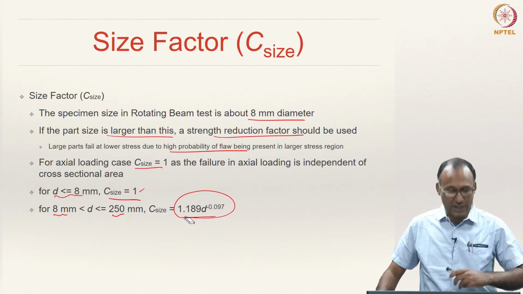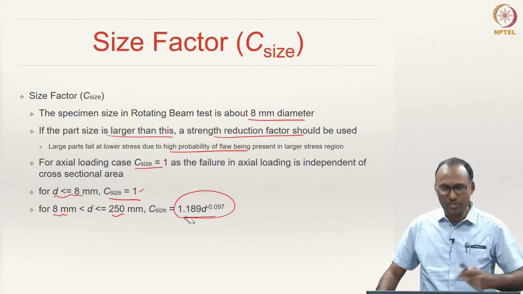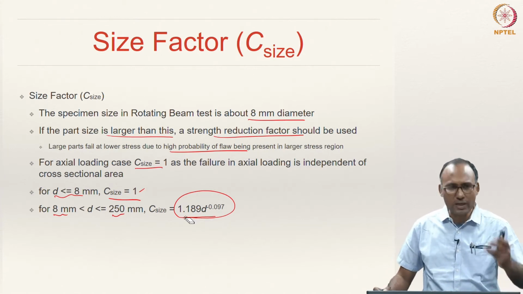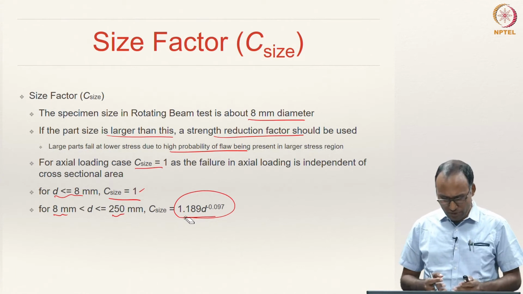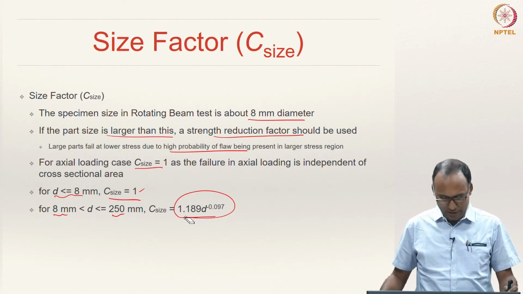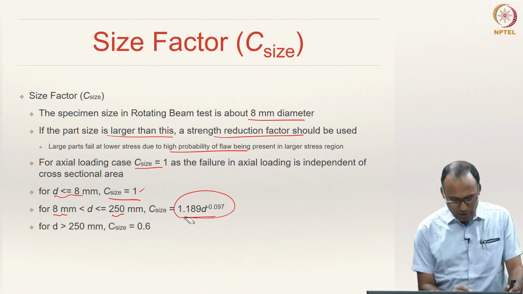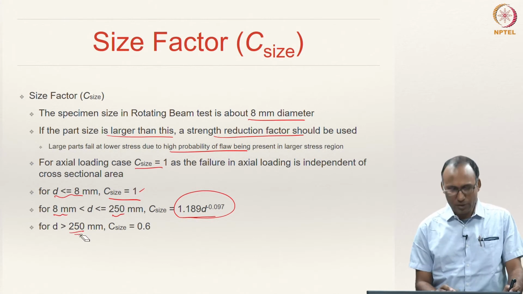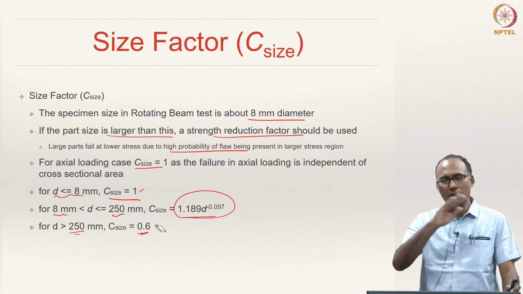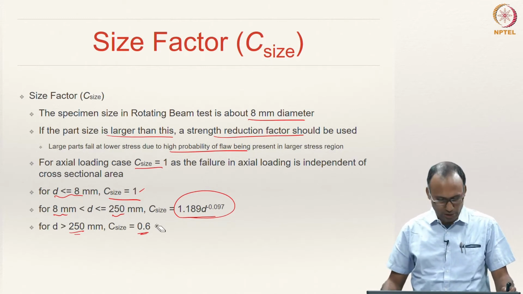Again, there need not be any physical basis for obtaining this empirical formula. It is obtained by looking at the experimental data and then fitting a curve to it. All right. If your D is greater than 250 mm, then your C size is 0.6, and you will not reduce it below that.